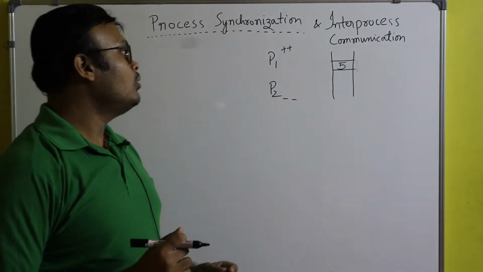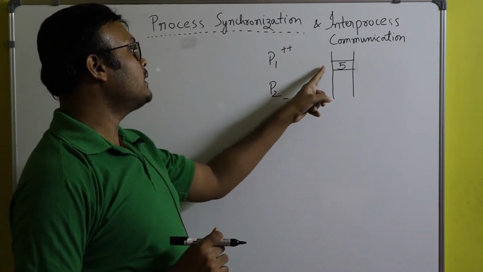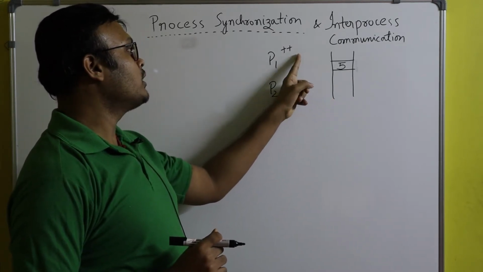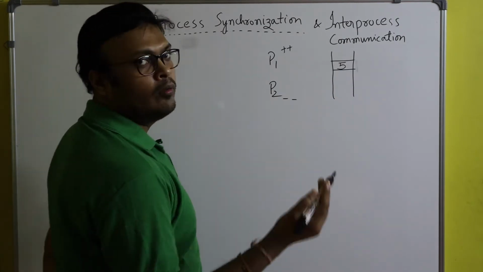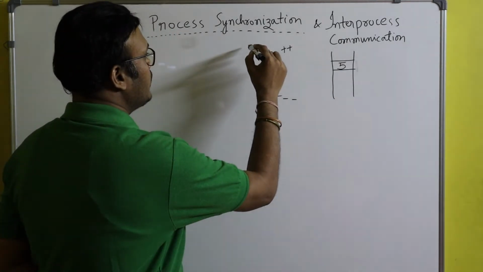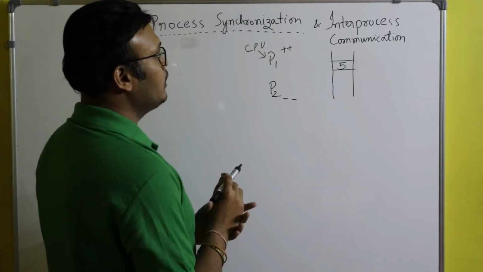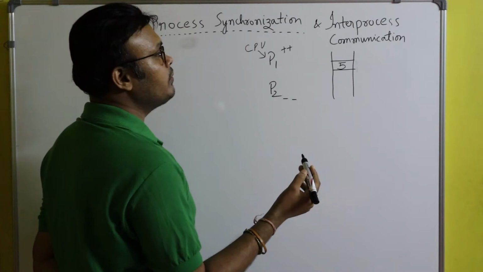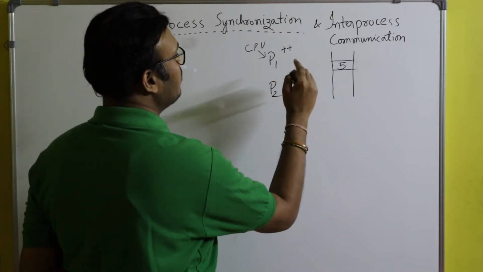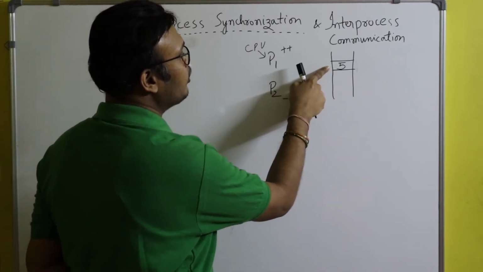Now what will process P1 do? Process P1 will access this and modify the value 5. Initially the CPU will be with process P1. Process P1 will first read the value at this memory location.